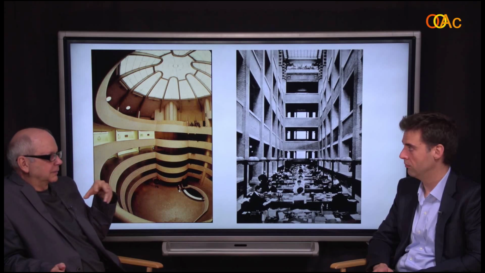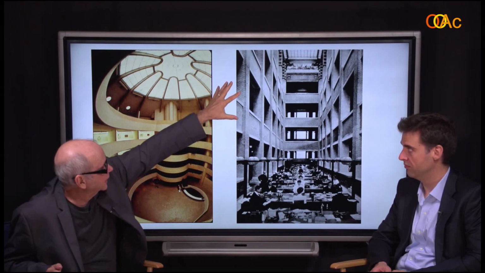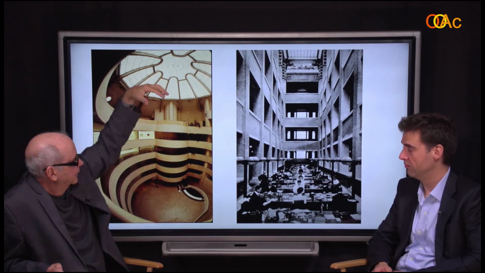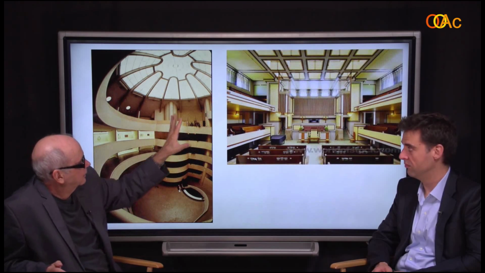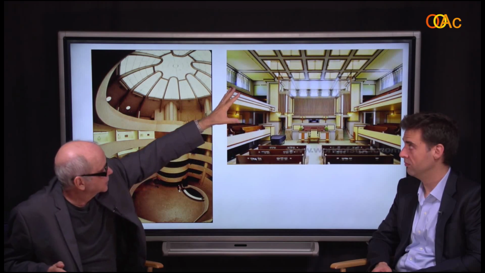At first, very different. So in Kahn's terms, the design is different, but the form, central space, balconies running around, skylight in the middle. Central space, balcony running around, skylight in the middle. And here's the Guggenheim and Unity Temple. Balconies running around, skylight in the middle.